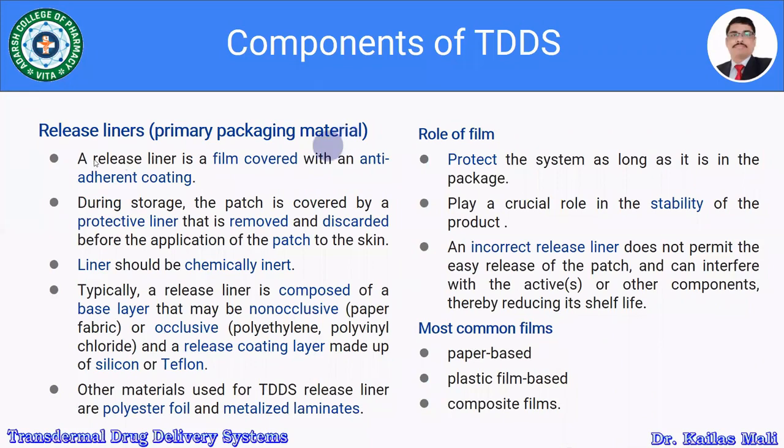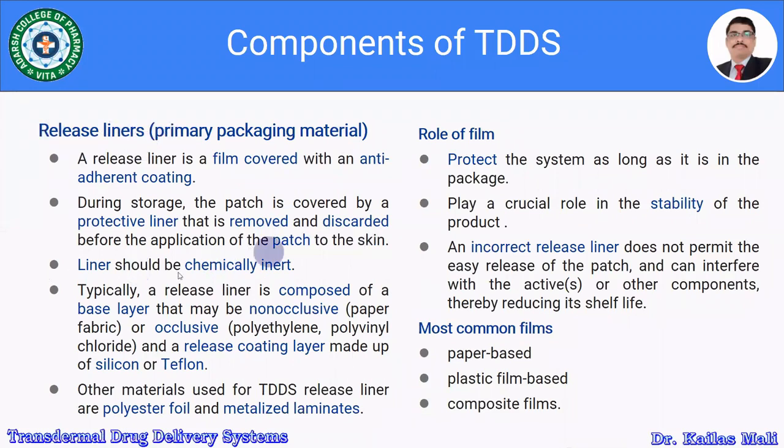Simply, a release liner is a film covered with an anti-adherent coating. During the storage, the patch is covered by a protective liner that is removed and discarded before the application of the patch to the skin, that is known as the release liner.